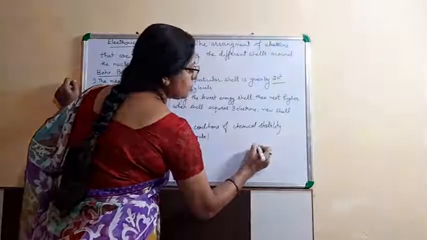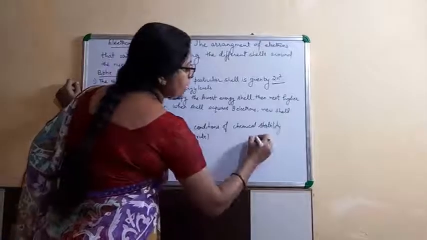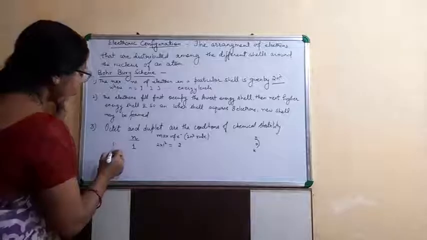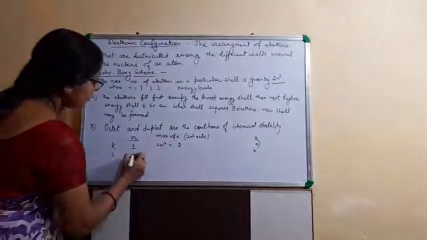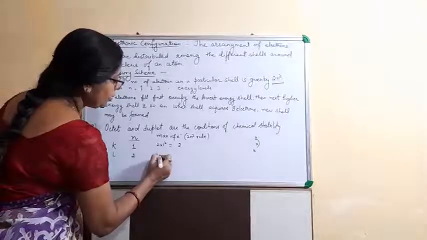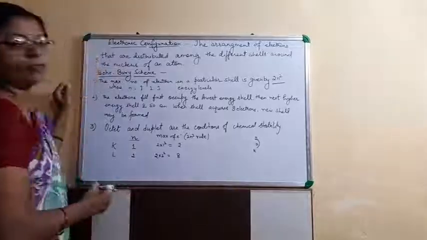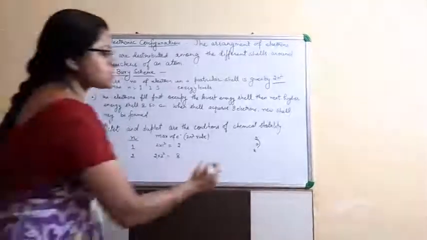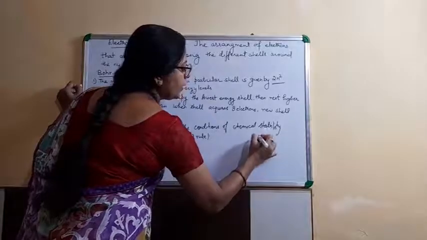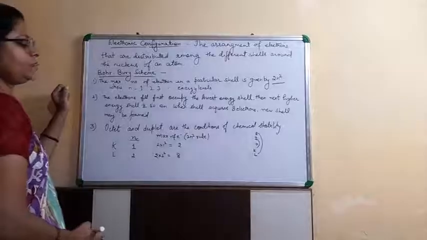If this is the nucleus, this shell is known as the K shell, and the maximum number of electrons in it is 2. The next orbit is L, with energy level 2. 2 into 2 square means a maximum of 8 electrons can be filled in this L orbit.